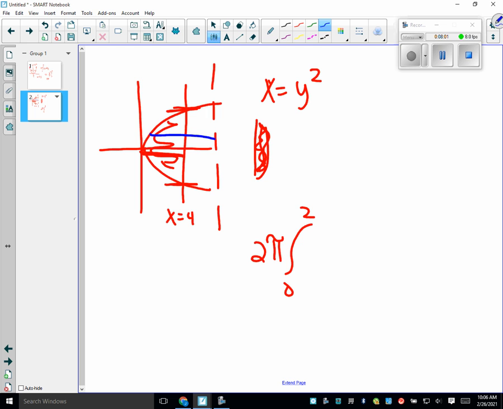Is this a washer? Squared? Why does it go from the 6? Because it's right minus left. Now, don't I need to take out this area?